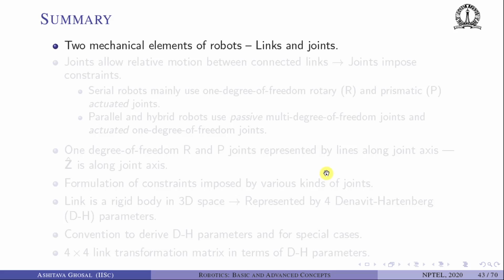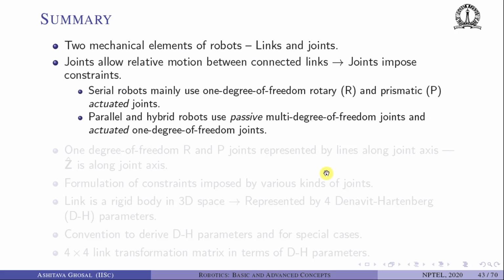So in summary, we have two main mechanical elements of a robot. These are links and joints. The joints allow relative motion between the connected links. Another way of saying it: joints impose constraints. A serial robot or a serial manipulator mainly uses 1 degree of freedom rotary and prismatic actuated joints.